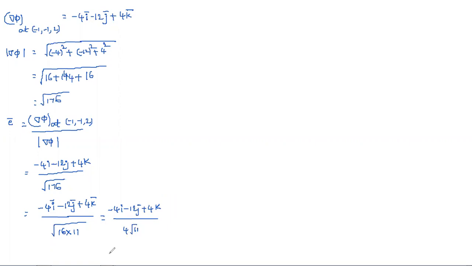So 4 is the common factor. If you take that common, we get (-i - 3j + k) divided by root 11.